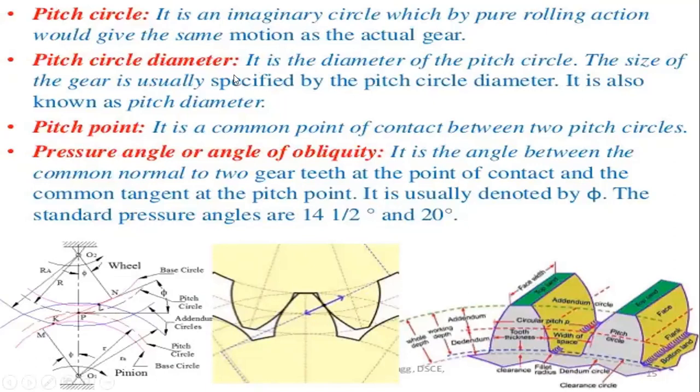Next one is the pitch circle diameter. It is the diameter of the pitch circle, where we have taken the rolling action of the gear as the pitch circle, and the diameter of this pitch circle is called the pitch circle diameter. It is also known as the pitch diameter.